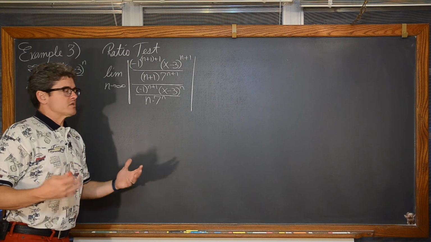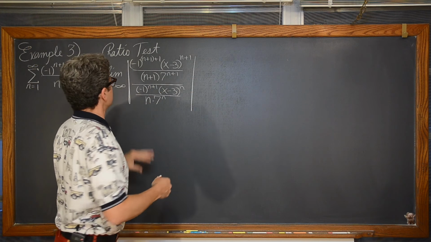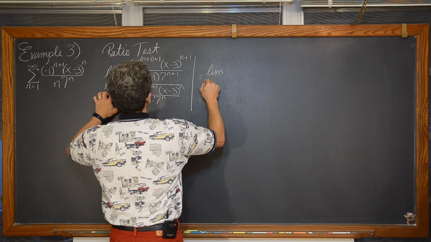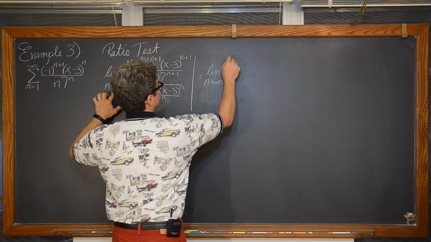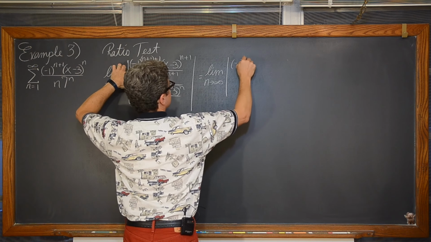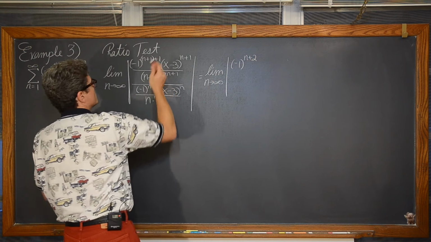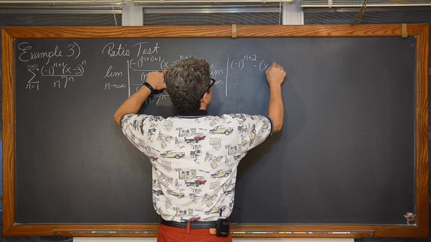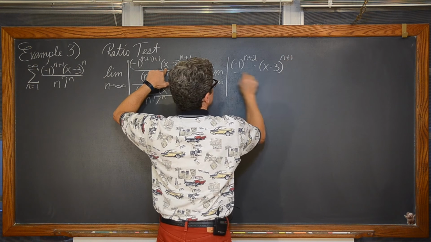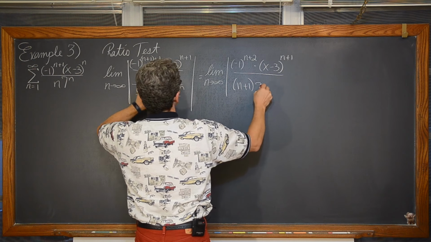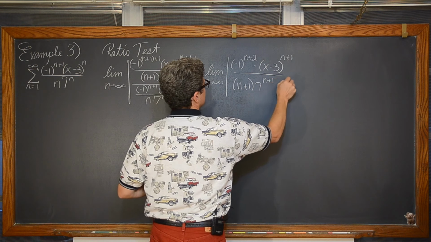Okay, as always with the ratio test, we're going to multiply by the reciprocal and clean things up. Lots of cancellation. So the limit as n approaches infinity of the absolute value of (-1)^(n+2), because of course 1 plus 1, times (x - 3)^(n+1) over (n+1) times 7^(n+1).